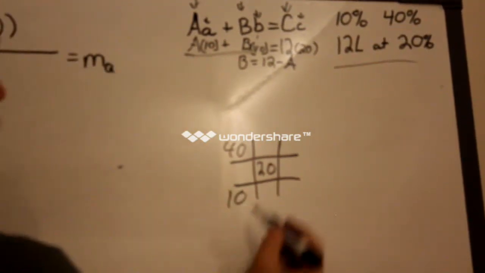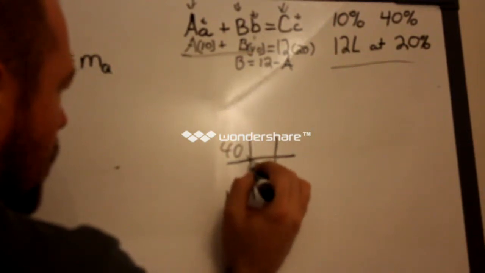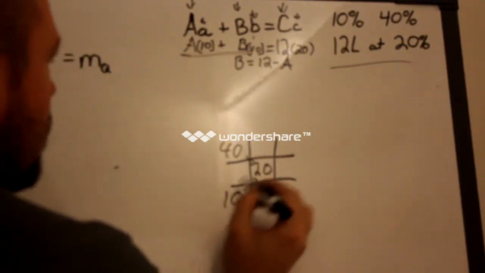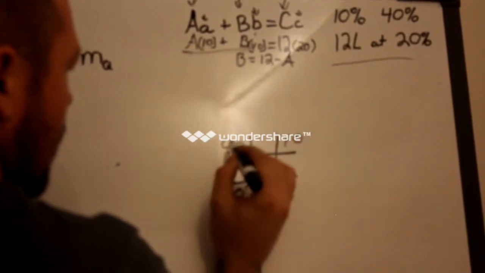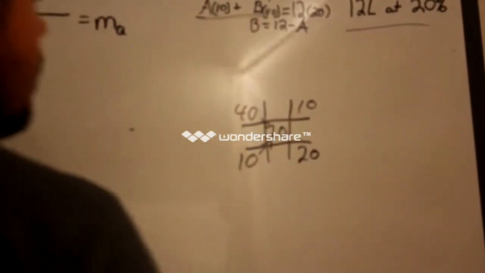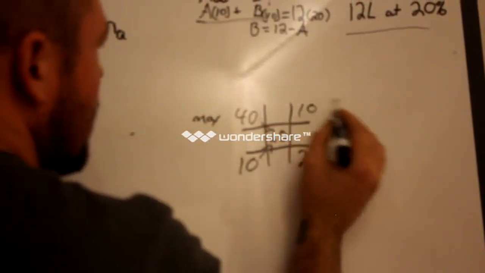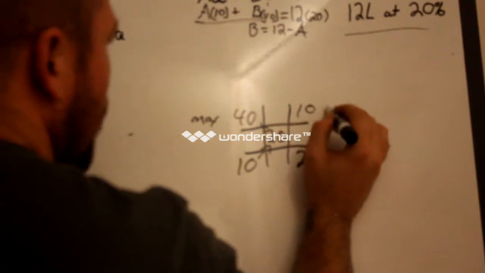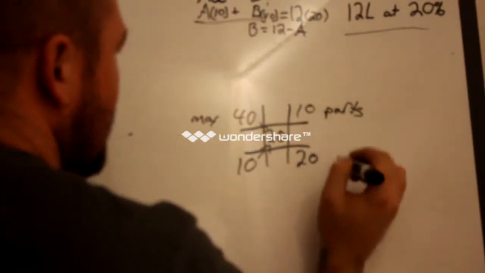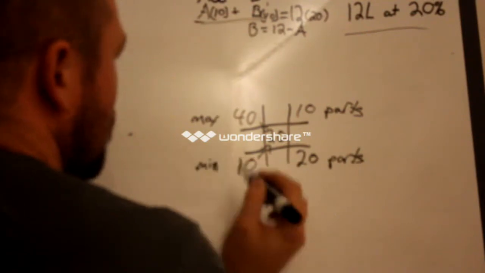Then we find the difference between those and put it here, and the difference between those and put it here. So the difference here is 10, and the difference here is 20. This is telling us we've got 10 parts of the max and 20 parts of the minimum solution.